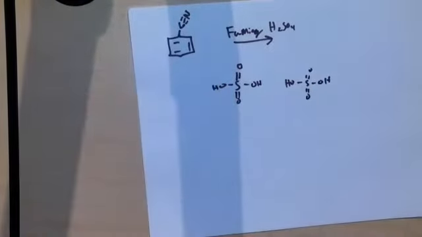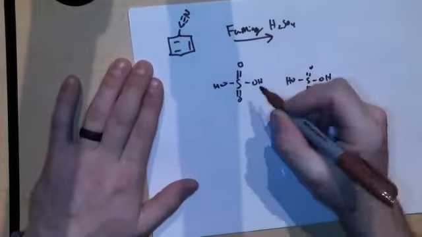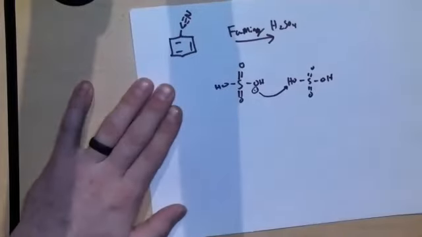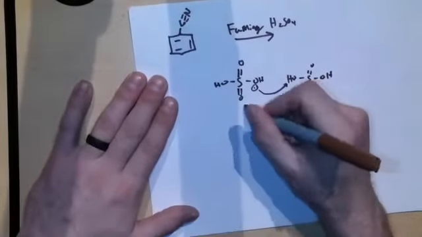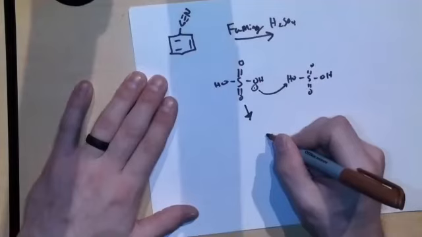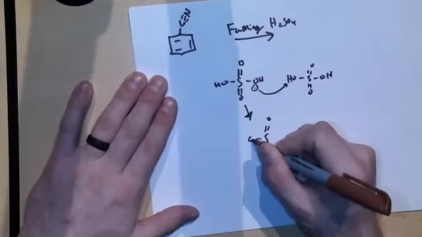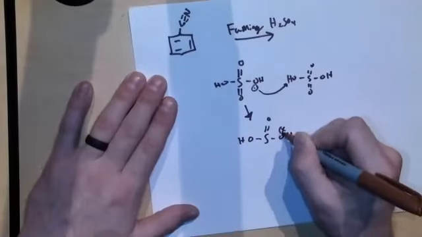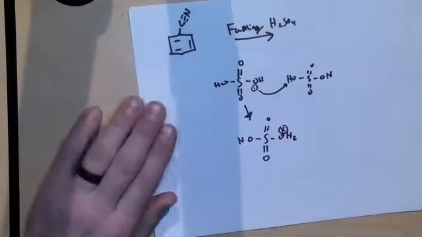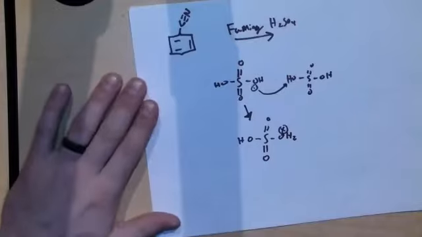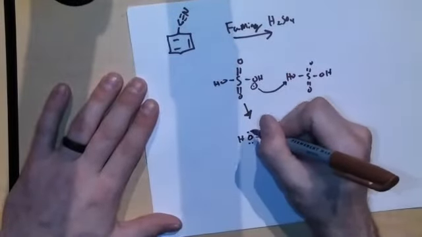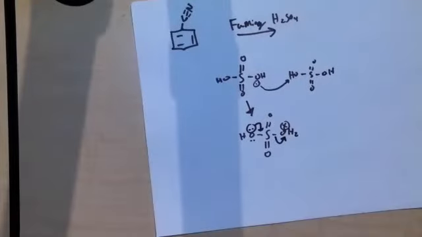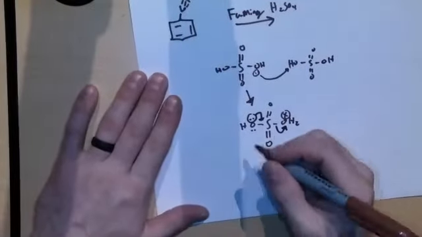One of them is going to donate a proton to the other one. So I'm going to pick up a proton here. We'll make water. Our other oxygen on our H2SO4 can kick out this water, and we're going to make an electrophile.